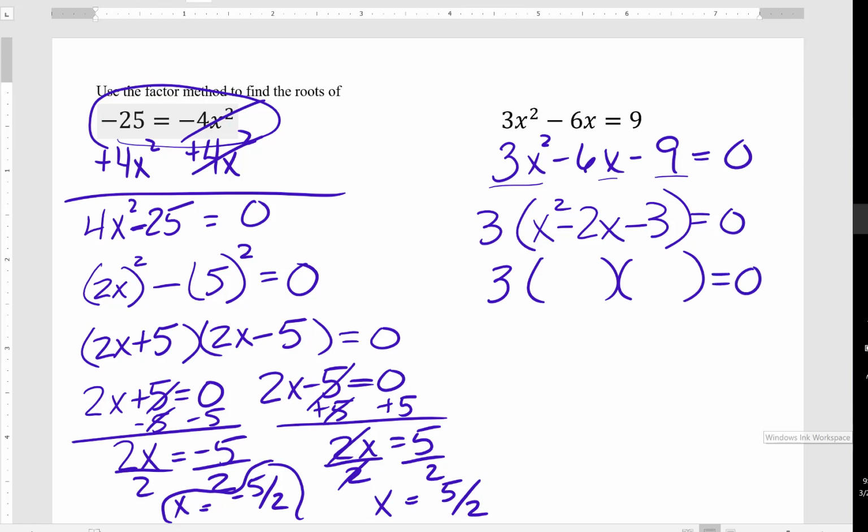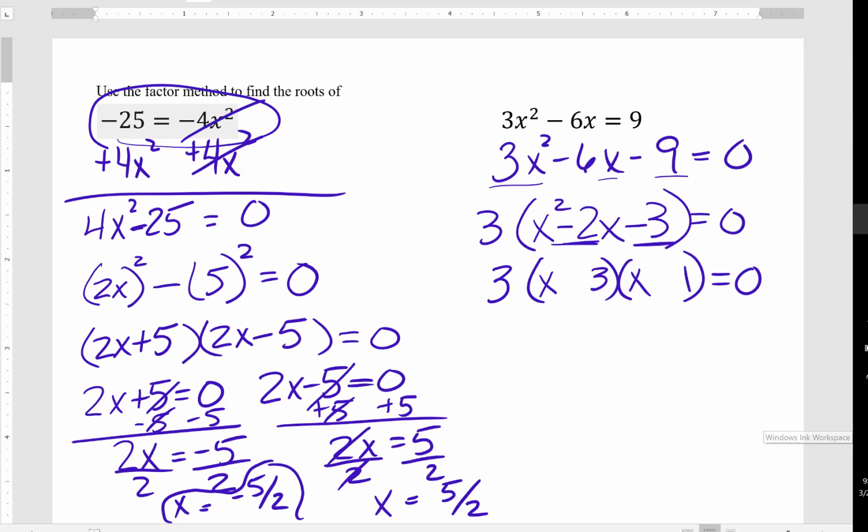All right, now I'm going to factor the quadratic. Remember, when you factor a quadratic trinomial, the first two numbers should multiply together to give you x squared. So x times x is x squared. Then the last two numbers, their product should be negative 3, and their sum should be negative 2. All right, 3 is prime, so you know it's got to be 3 and 1.